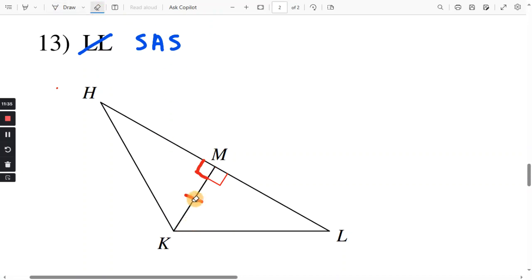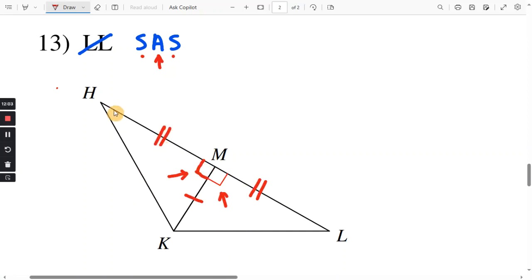That's automatic, to mark the side and the right angle. They want us to use side, angle, side. The angle has to be in between the two sides that are congruent. So this angle here would have to be in between this and this side right here, and this angle right here would have to be in between this and this side right here.